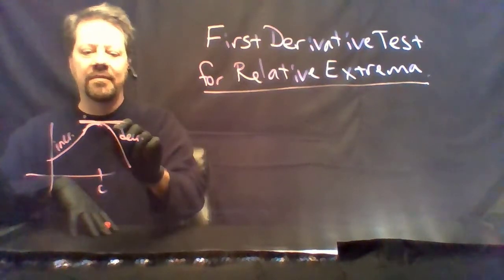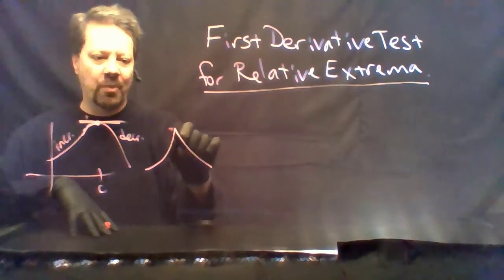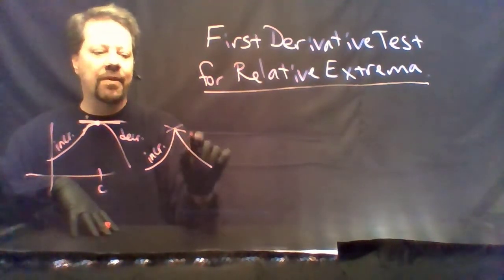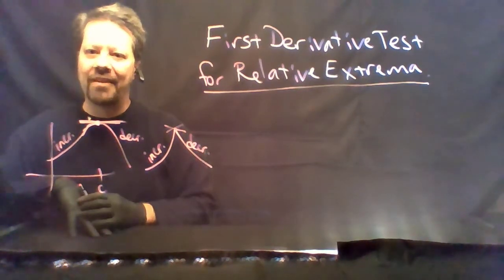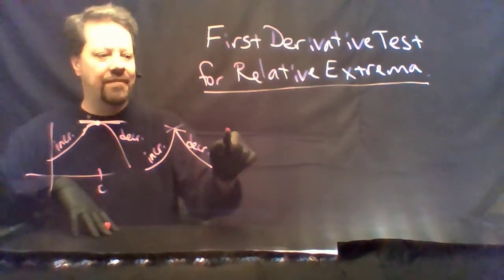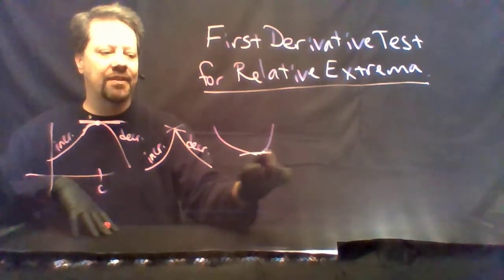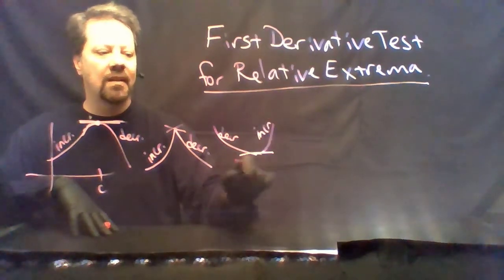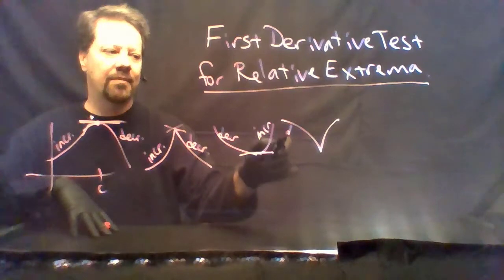That's true even if the critical point is the sort which has a point of non-differentiability. It's still increasing before you get there and decreasing after. You have a relative max. If it's decreasing before you get there and then increasing after, you have a relative min. Same thing if it's a cusp.